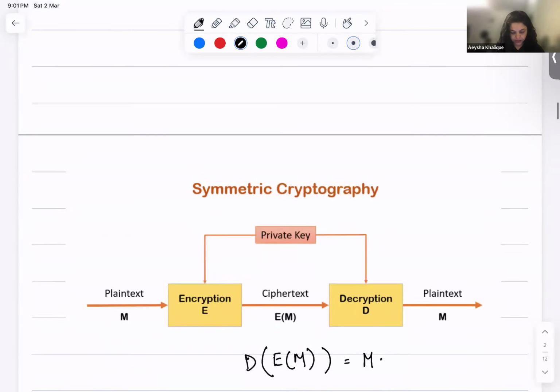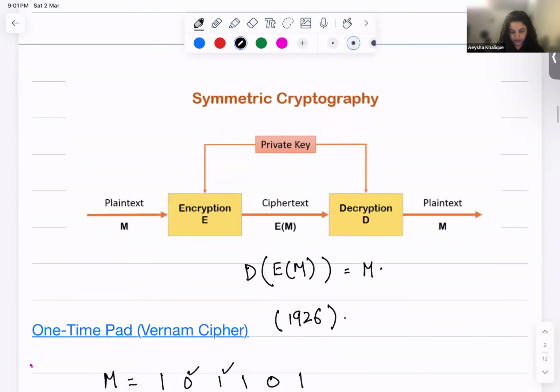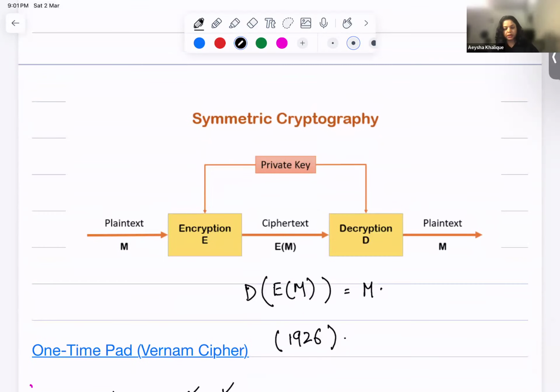I have just taken the slide from yesterday's lecture in which we saw symmetric, classical cryptography, in which there was a plain text message M, and it was to be encrypted using an encryption machine to produce a ciphertext using the private key, which is EM, and then sent to the receiver who decrypts it using the decryption and gets the plain text back, right?